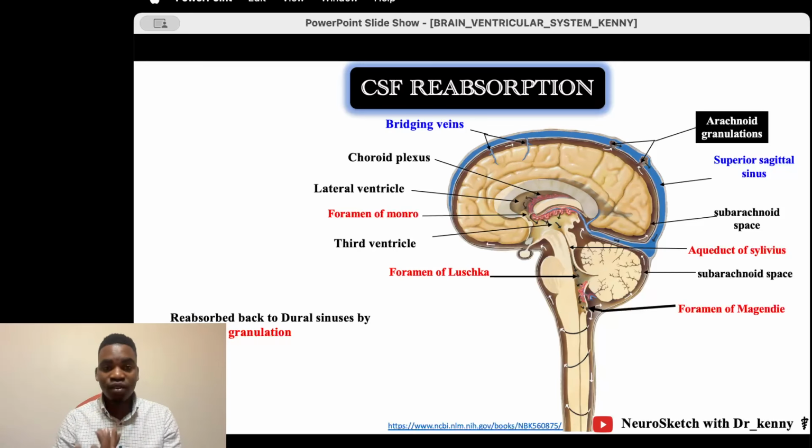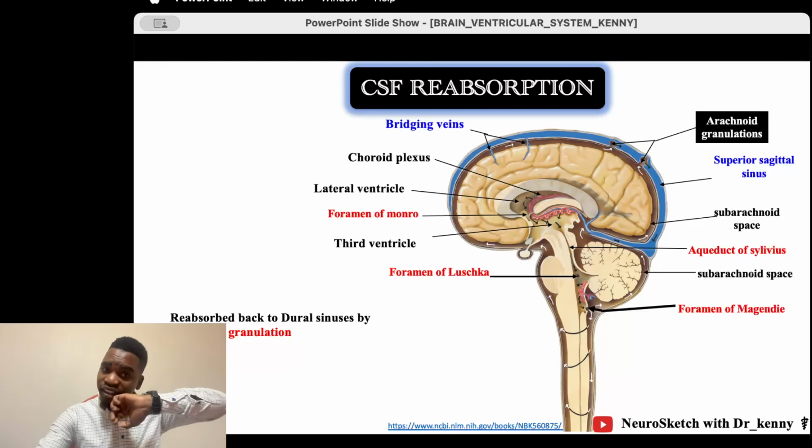In a day, over 24 hours, it produces 500 ml of the cerebrospinal fluid, and the cerebrospinal fluid has to circulate and be reabsorbed back. So in the next video, I think we will discuss pathologies that result in discrepancies between production and reabsorption, and you will see what clinical implication it can have.